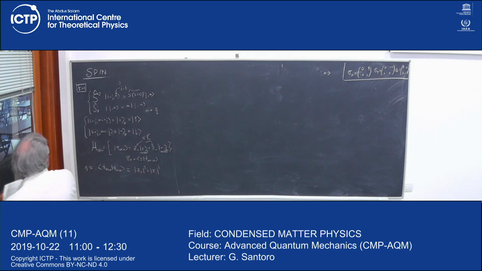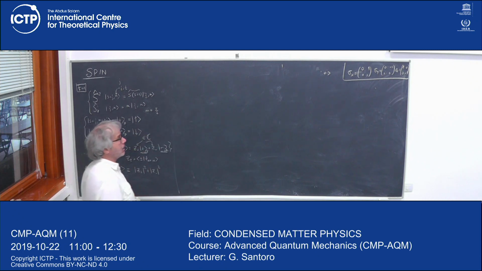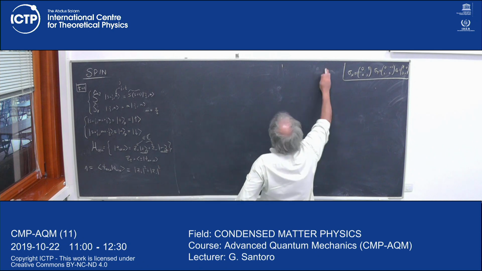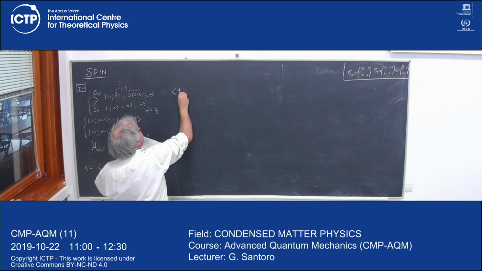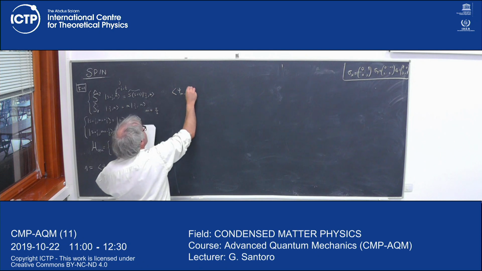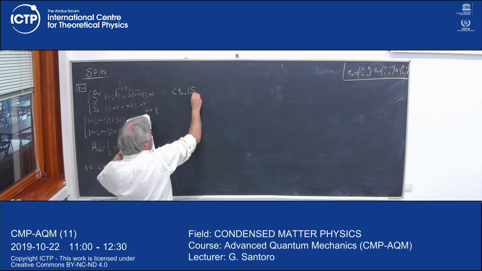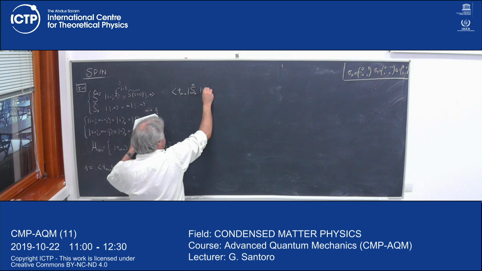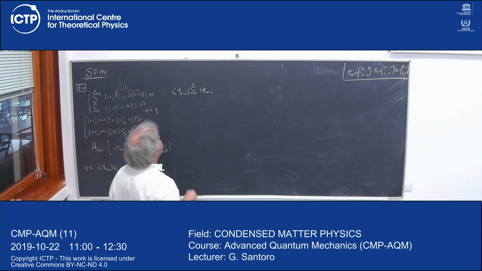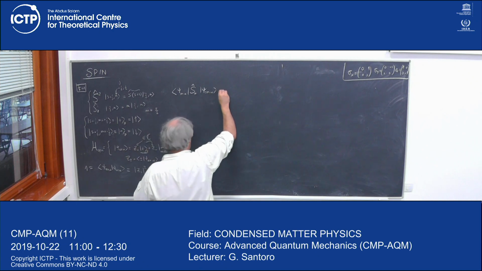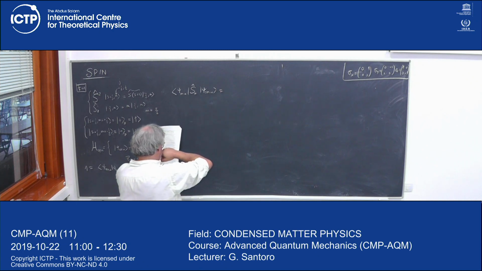We already did the calculation like this, but let me insist a little bit. Suppose that I ask you to calculate psi spin, the spin operator S alpha, psi spin. Then what I can do is always the following.